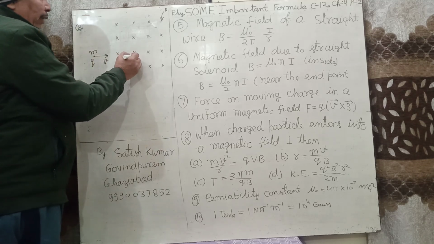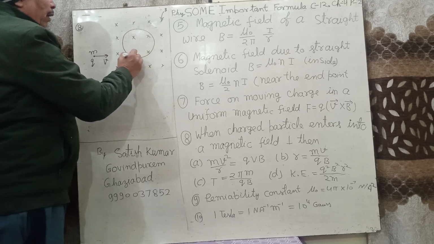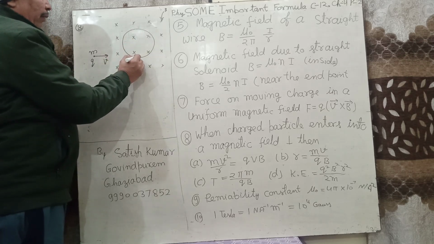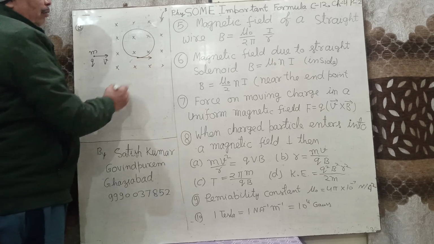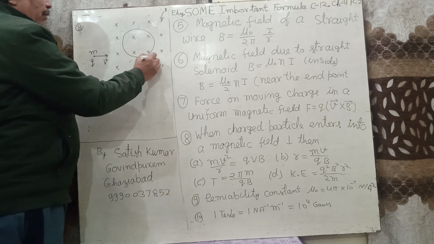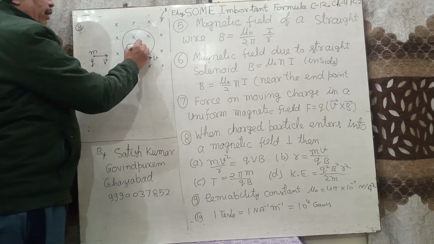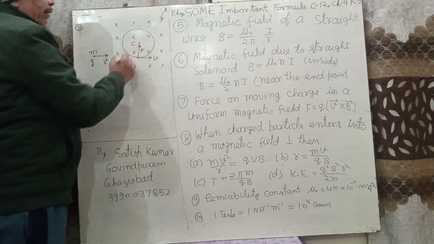Then its path is circular in the magnetic field. V is the velocity, the force is in this direction, and this is the center.